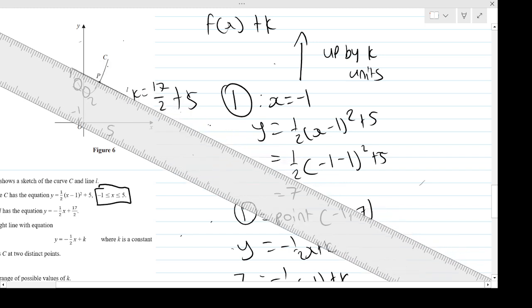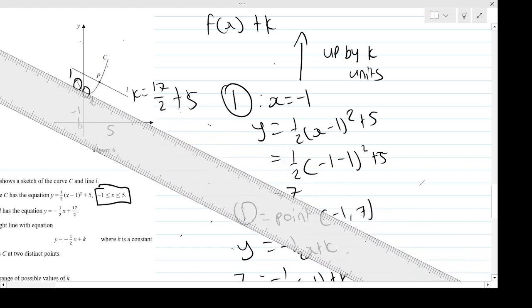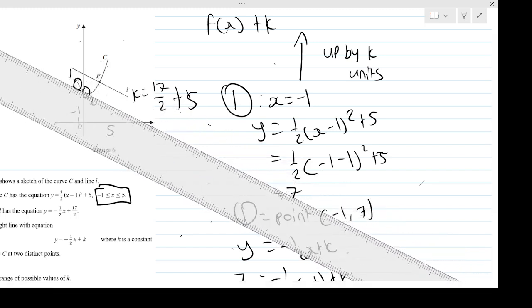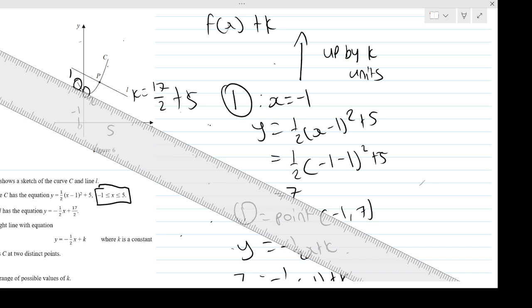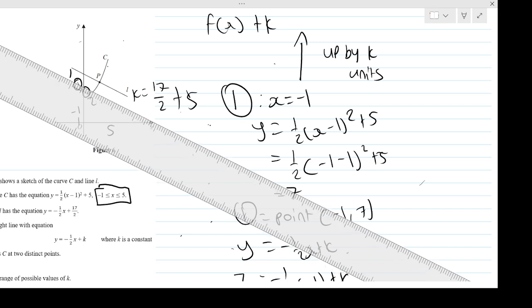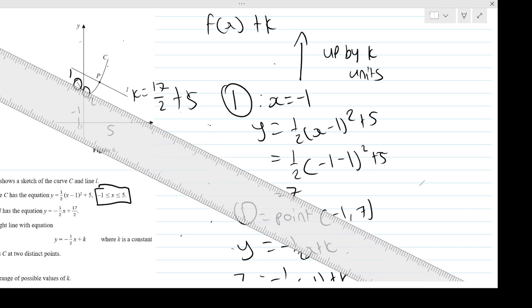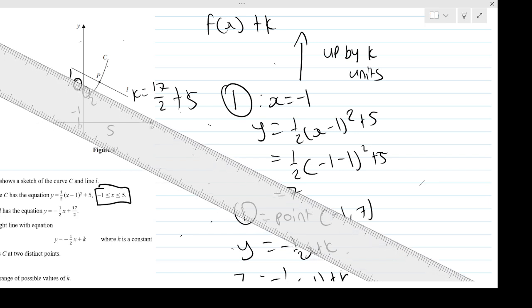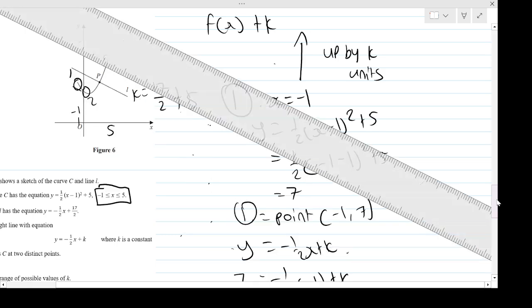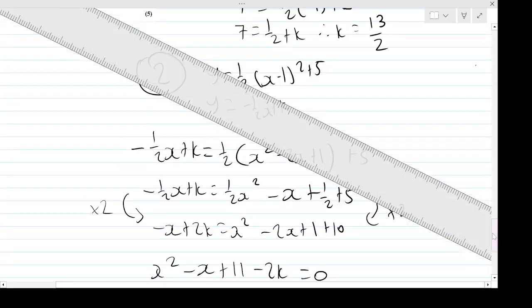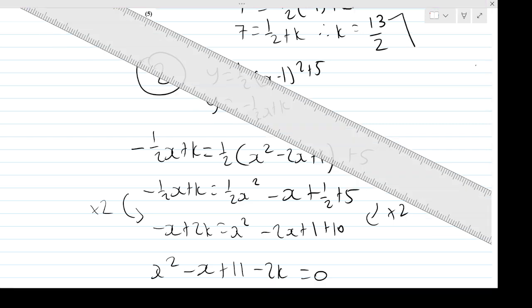So if we match it to L, when k is 43 over 8, that's going to be this tipping point at point 2, remember, where the line, this ruler, when we're increasing k, when we're going upwards, that's when it's going to cross that curve, two different points, when it then reaches point 1, okay? Then at point 1, remember, we then saw k is 13 over 2 here, right?